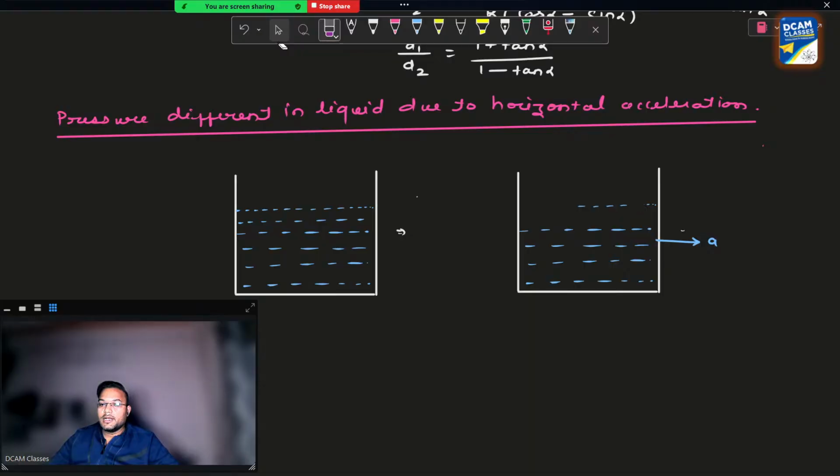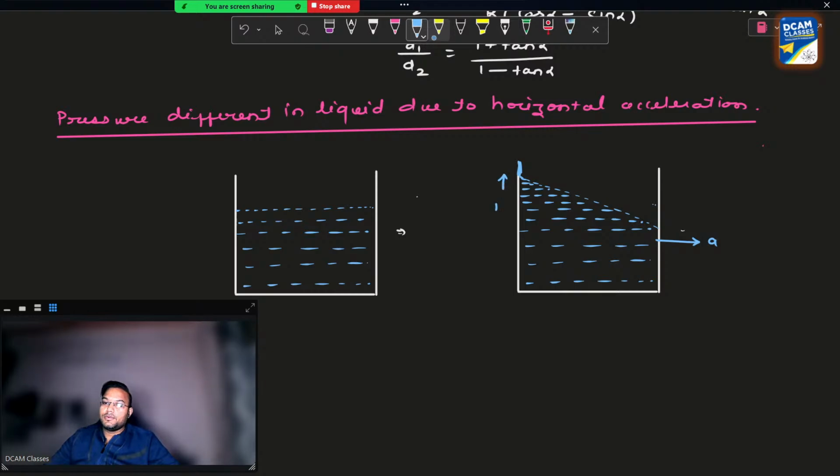Some of the water level will go down and it will come here. It's not necessary that it will go up to the leftmost height, but it will reach some height depending on the value of the acceleration.